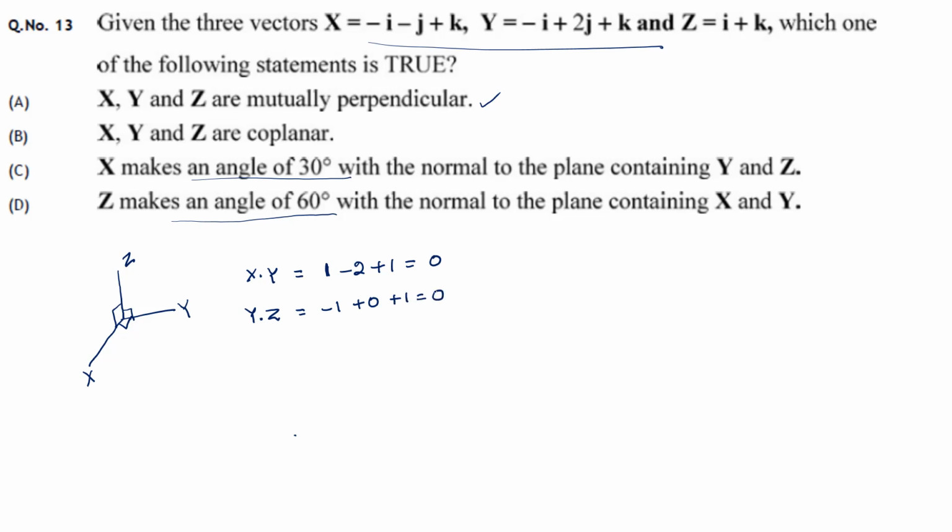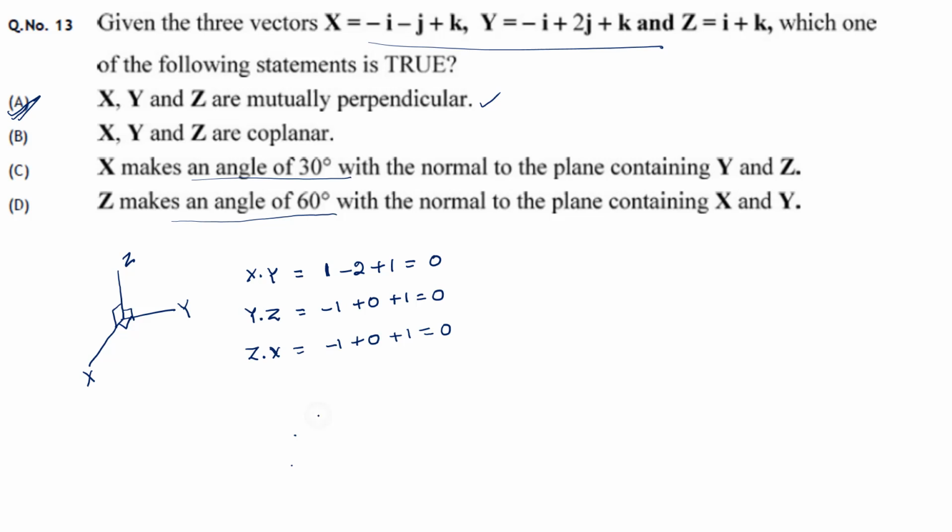So it is 0 again. z dot x is minus 1 plus 0 plus 1. So it is 0. So all dot products are 0, taking 2 at a time. So that means these three are going to be mutually perpendicular to each other. So option A is the only correct answer. So we do not need to check others.